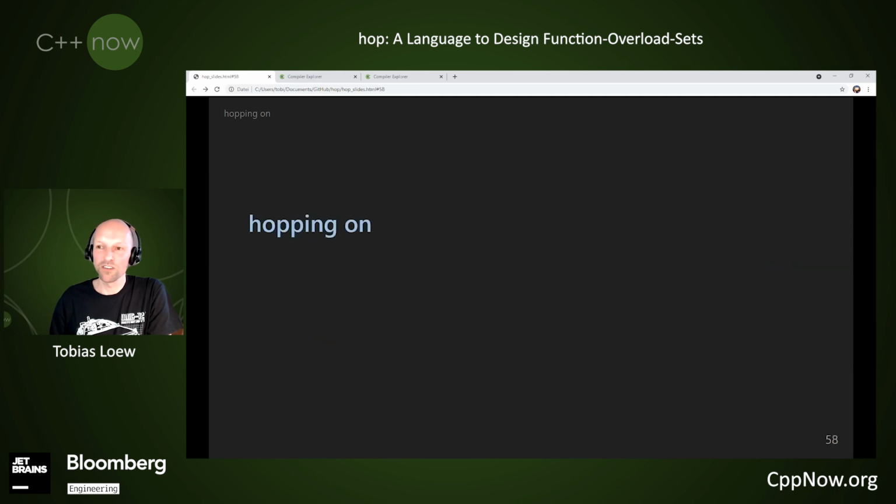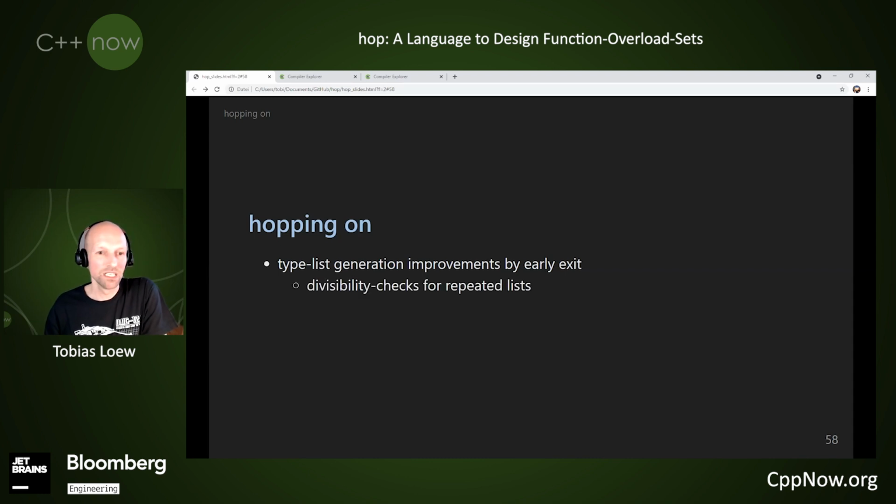And finally, what can come next? We could improve, of course, on the type list generation. We can make something like divisibility tests to early exit the generation of overloads when we figure out that it can never match the required arity.